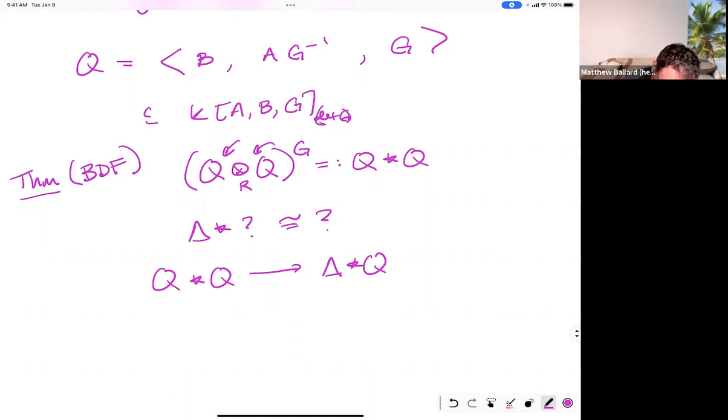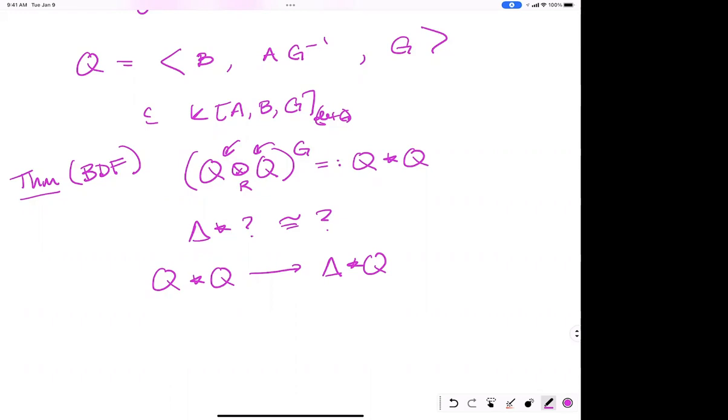This is some cofibrant replacement. And Q derived R is just Q of this cofibrant replacement. Okay. Right. So this is true for every graded ring.